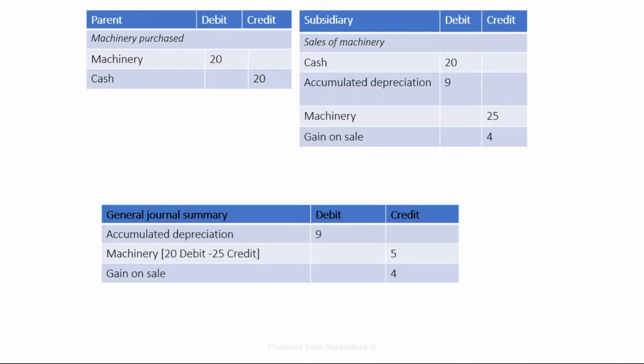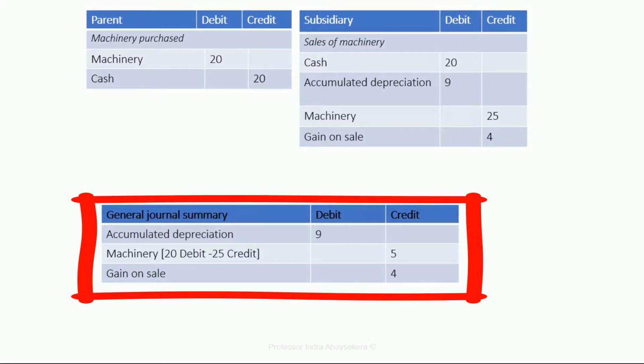So machinery, a credit of 5, a gain on sale of 4, a credit, and accumulated depreciation of 9, debit. So this is the summarized general journal entry, which is an invalid transaction for the group and must be reversed. It is this summarized general journal entry that we are required to reverse.